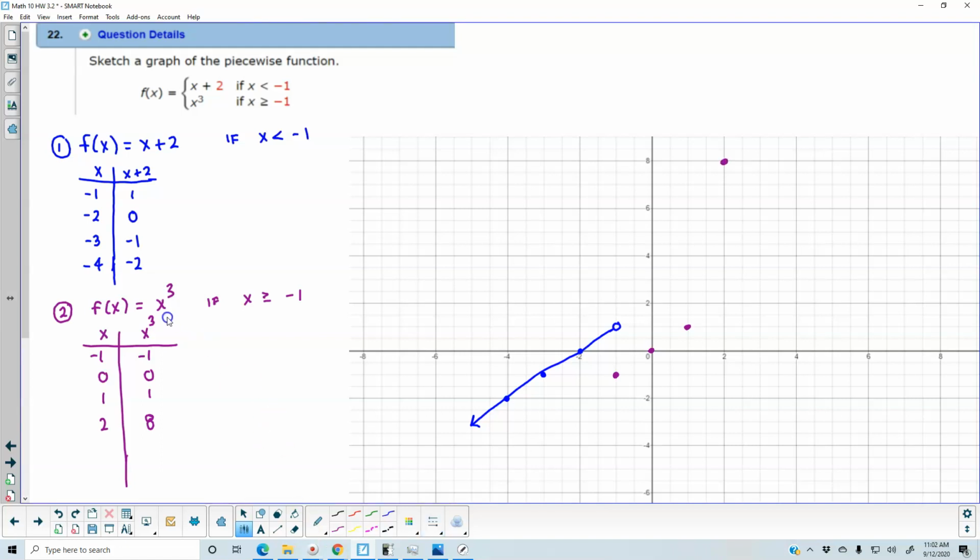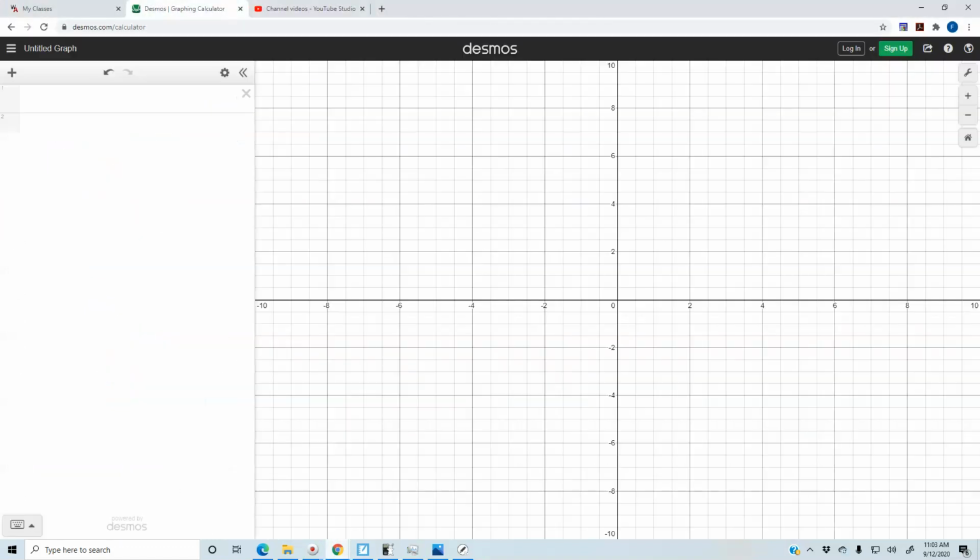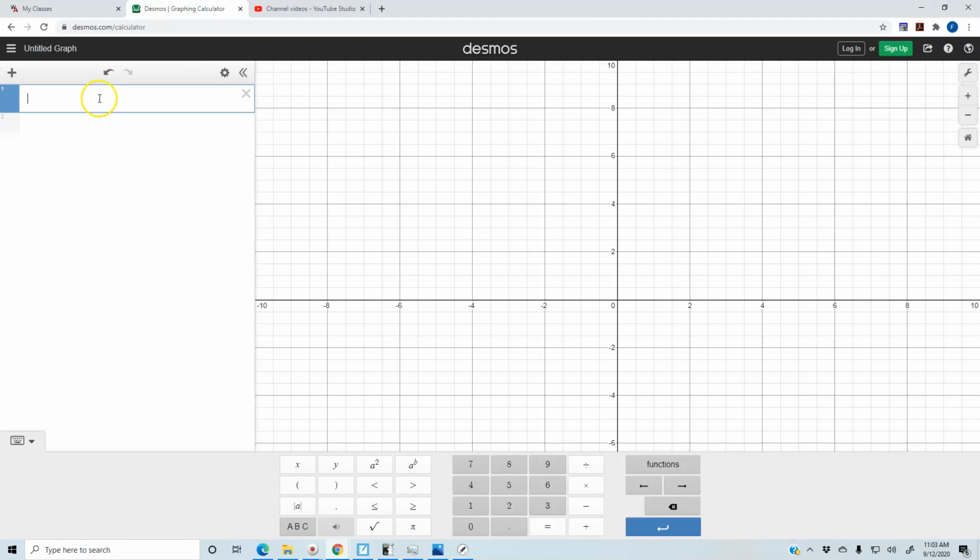Okay, now, but recall, and I'm going to show this on Desmos, we got to make sure that we remember the library of functions. In this library of functions of x cubed, okay, when we graph this on Desmos, you can see that it's graphed like this. So we have this shape.